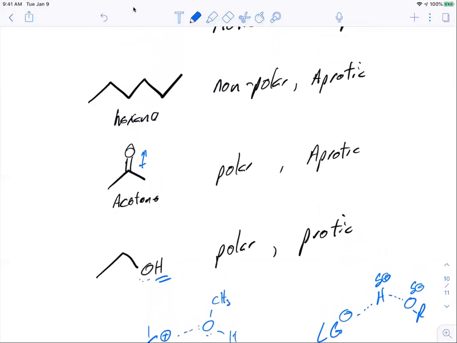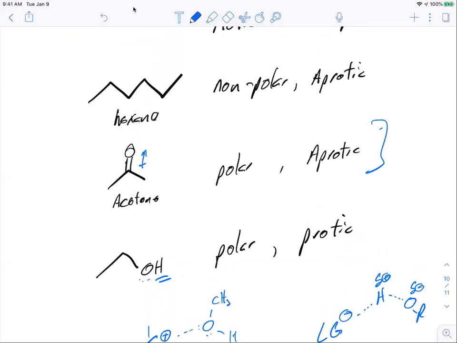So nonpolar aprotic solvents are okay for SN2. Usually the problem with polar aprotic solvents is they won't dissolve good nucleophiles, because most good nucleophiles start as salts, like sodium hydroxide. It's a salt. I have to dissolve the sodium hydroxide before it starts.